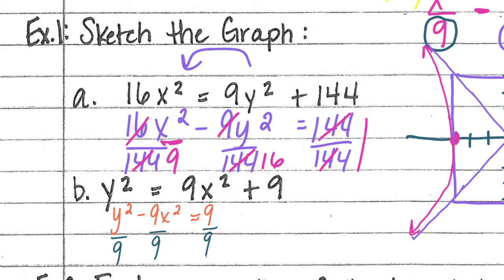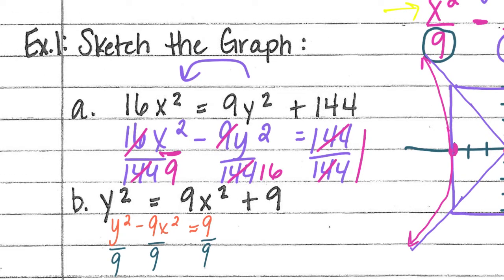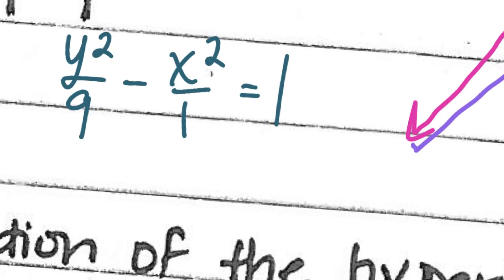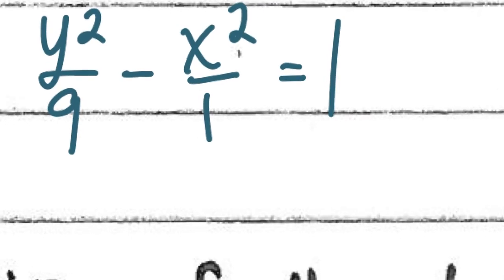So notice my new equation is going to be y squared over 9 minus x squared over 1 is equal to 1. So this is what I'm going to graph now. Same hyperbola. The center is at 0, 0. So I know the center of this guy is right here.